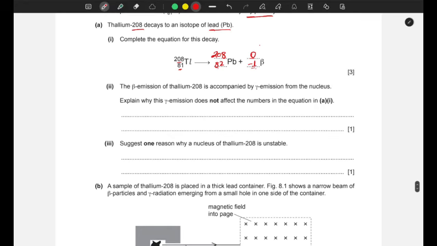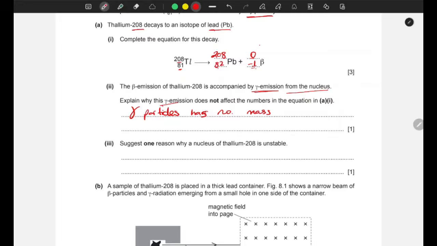Part 2. The beta emission of thallium-208 is accompanied by a gamma emission from the nucleus. Explain why this emission does not affect the numbers in the equation. Because this is a gamma particle, it has no mass.